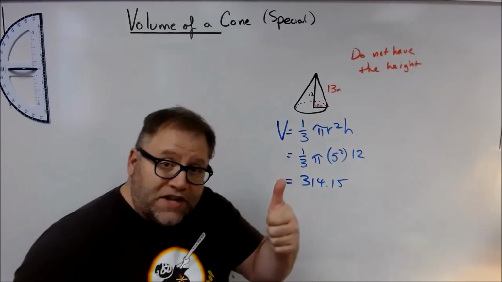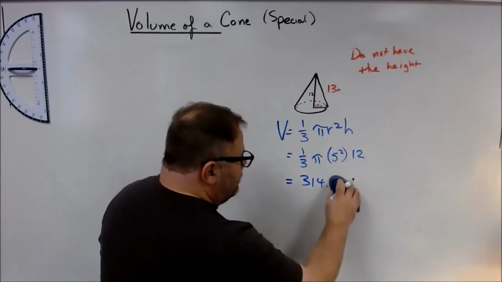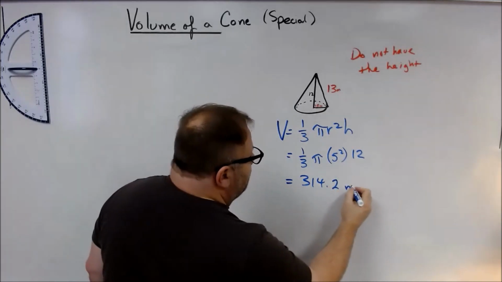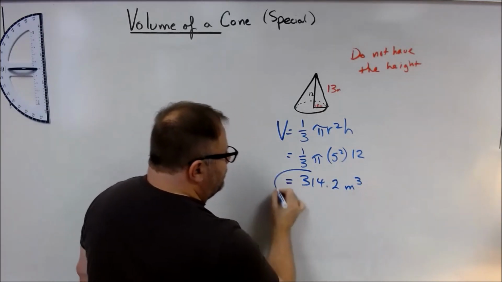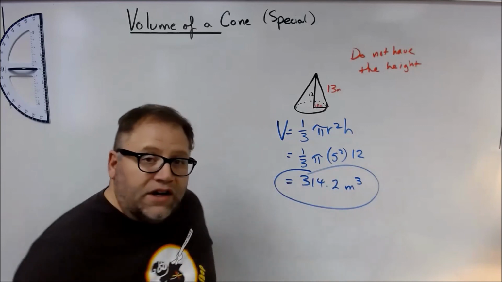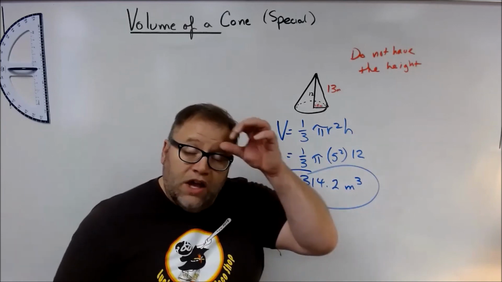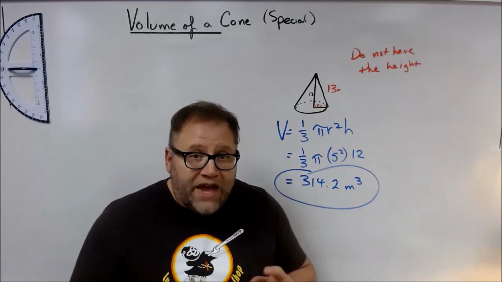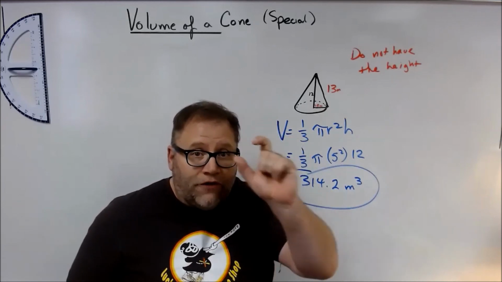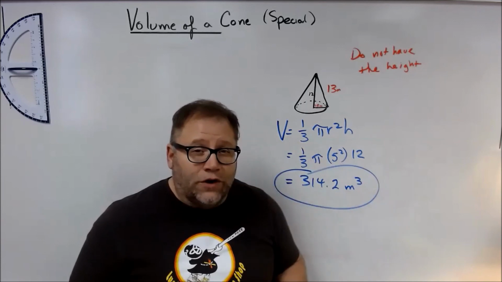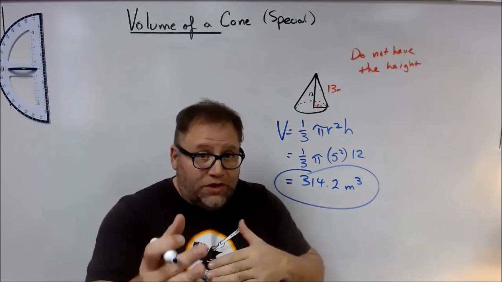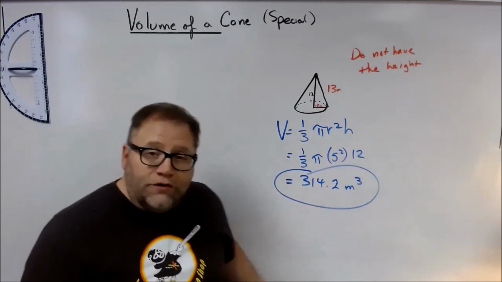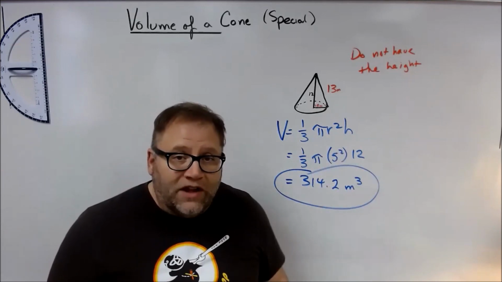Then we bump the tenths place up 1 and say this is 314.2 meters cubed. And that's the volume. So if we're provided the slant height, the key is to make sure you find the height of the cone first using the Pythagorean theorem, then go to your volume formula to find the volume of that shape.